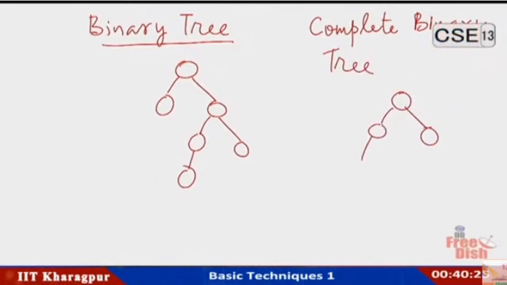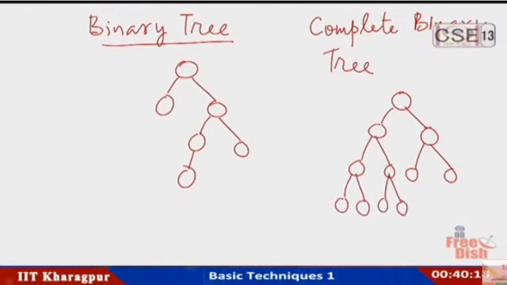In this, every level of the tree is full except possibly the last one. So this is a complete binary tree.